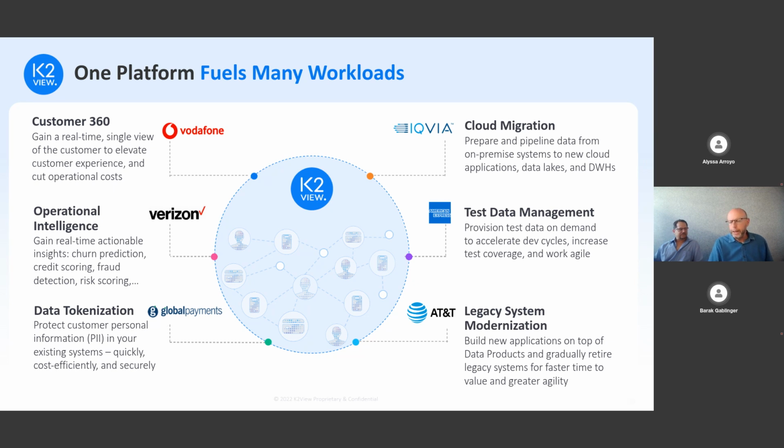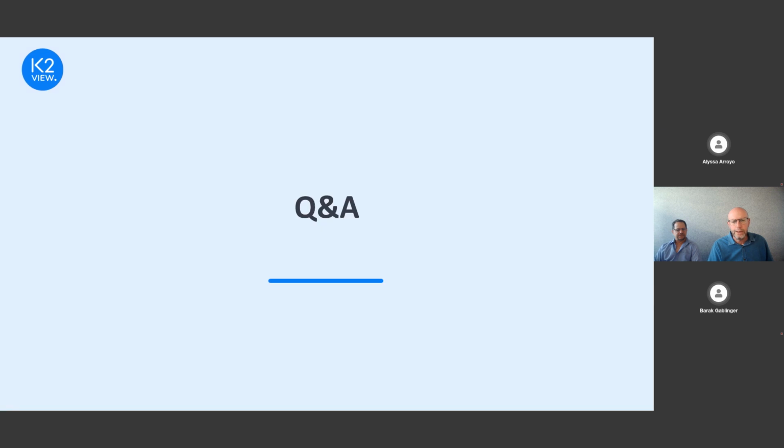Decoupling the data and creating these data products can accelerate the ability to deliver new modernized applications and liberate the data from the application. And finally, another example, which is something we do for many customers like American Express, is delivering test data management. So generate on demand, on the fly, test data to accelerate their development cycle and reduce cost. So this is a little bit about some of the use cases that we have.